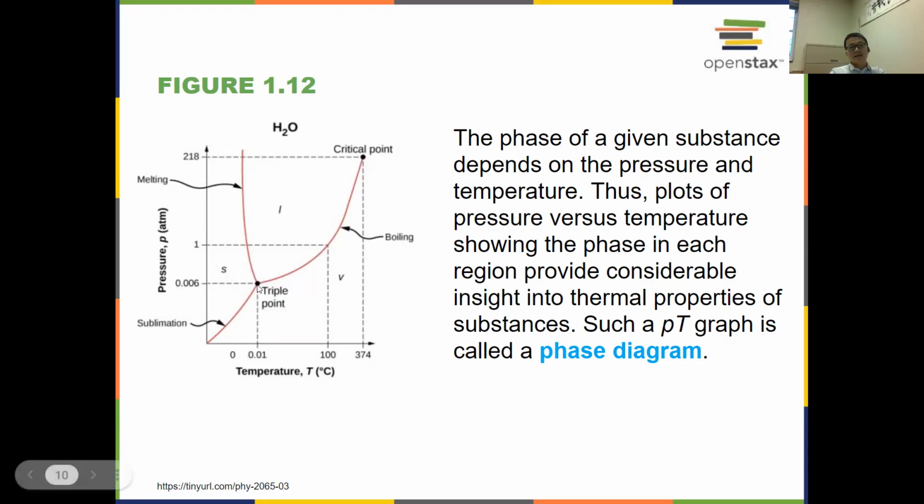But then if that's the case, then you immediately know what will be the pressure and temperature. Okay, so the pressure will be about 0.006 atm, and then temperature will be about 0.01 degrees Celsius. Okay, or if you are given a condition that, let's say, pressure right now is 1 atm, somewhere here, and you are at, say, 50 degrees, so then you realize, okay, then this is going to be liquid.